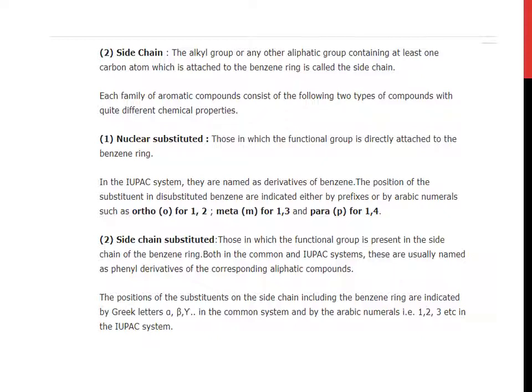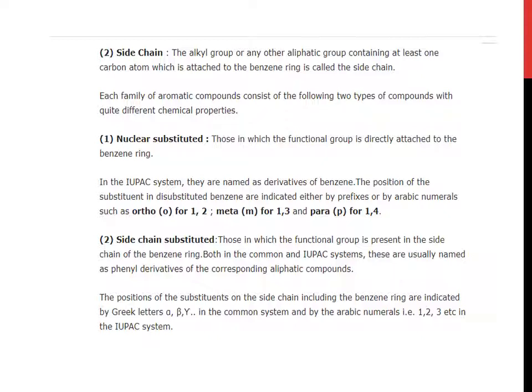Side chain substituted, those in which the functional group is present in the side chain of the benzene ring, both in the common and IUPAC systems. These are usually named as phenyl derivatives of the corresponding aliphatic compounds.